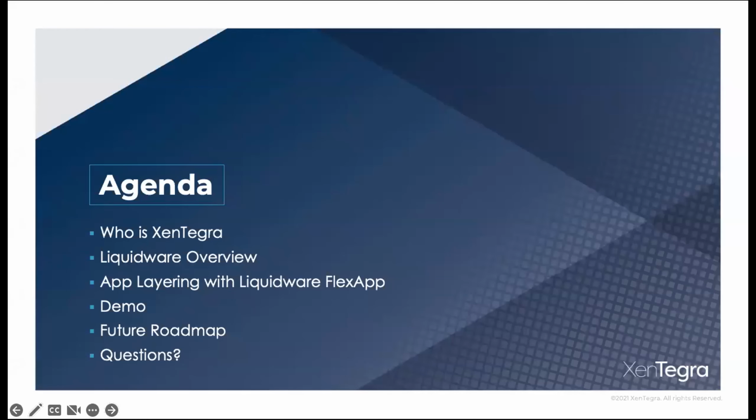So real quick, our agenda today. We're going to quickly discuss who we are at XenTegra. I'll let Liquidware give a quick brief overview of their solution. Then we're going to start talking about app layering, specifically with FlexApp. We'll jump into a demo and talk about some future roadmap items as it relates to Liquidware FlexApp. Then questions at the end, but again, I do want to make this interactive.